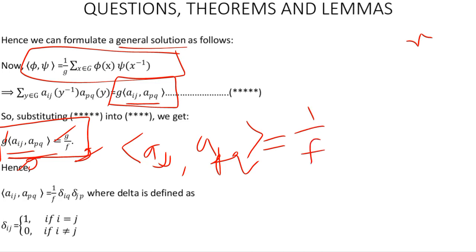So if this is 1 over f, I can put this delta sign in this form, with i, q and j, p. How? Whenever i is equal to j, this thing goes to 1. Now, i equals j means I'll get 1, 1 here. Now you'll be wondering, what of the p, q? Don't worry. Once i and j are the same, when I get to p and q, what happens to them?